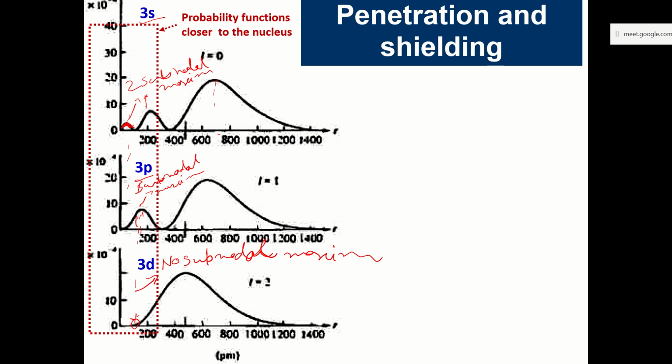So the 3s orbital is able to shield the nuclear charge much better than 3p, and 3p shields the nuclear charge much better as compared to 3d. So the shielding power is changing. 3s is more efficient in shielding the nuclear charge, 3p is slightly less, 3d is the least.